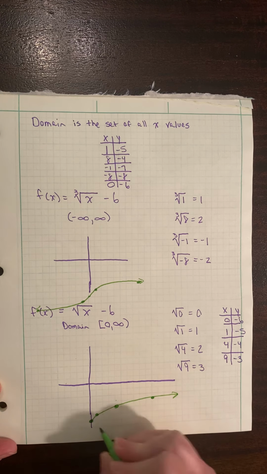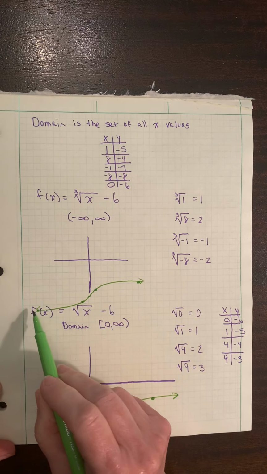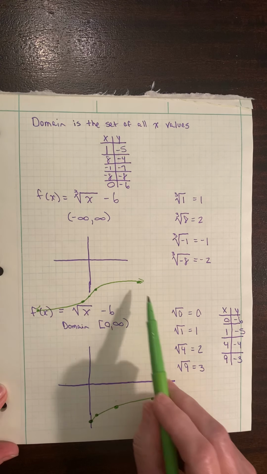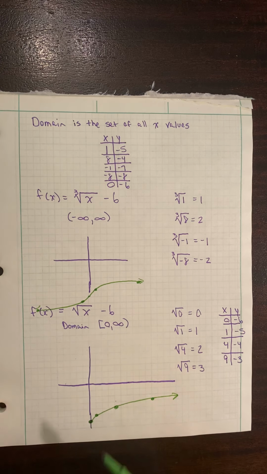And that goes on, and that's what I mean by a shooting star. So it's not going to extend across, and again, I apologize, this runs into each other. It's not going to extend across like the cube because you have restrictions on the domain.